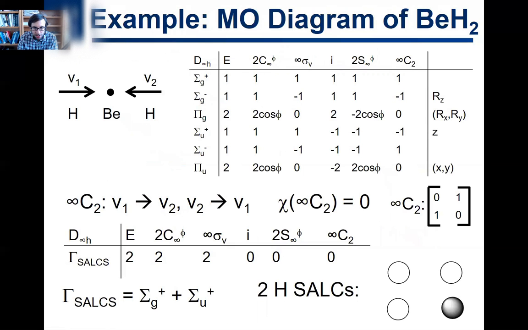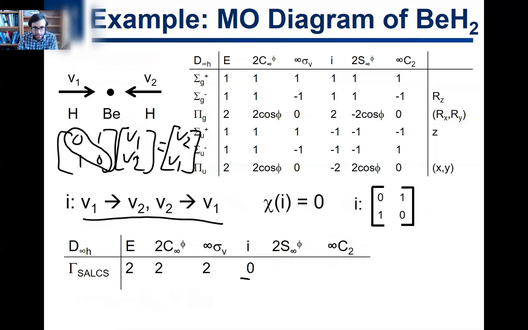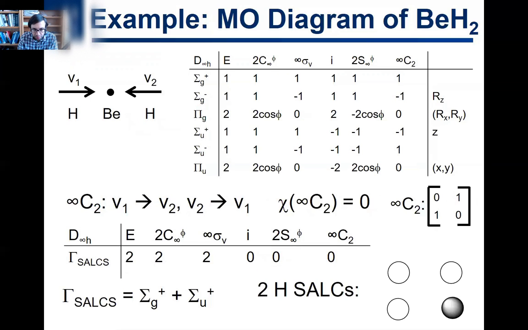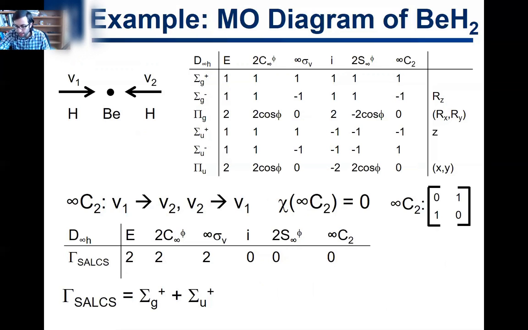I'm going to go back to the D infinity h character table here. And so let's actually work through this. So we have something that looks like this, our molecular orbital. Rigorously, you'll have to apply all the symmetry operations to this molecular orbital and see how it transforms.